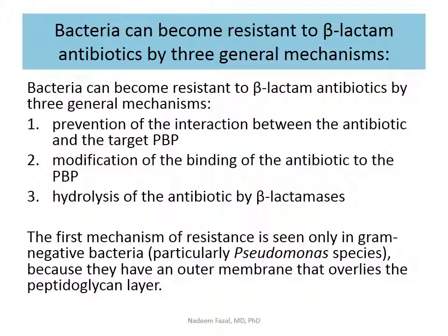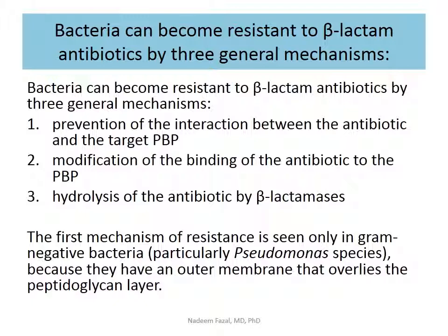That binding has to take place in a specific way to initiate cell killing. If it's modified, the action would not be correct. And the third thing is hydrolysis of the antibiotic by beta-lactamases. That was simple. The moment you give that antibiotic, those specific lactamase enzymes hydrolyze it. So these are the three general mechanisms that you normally see.